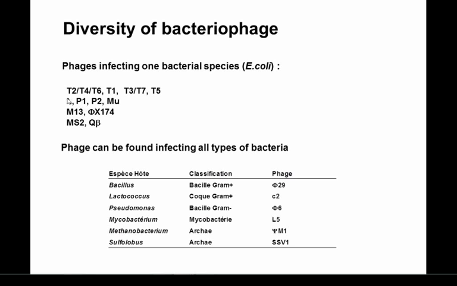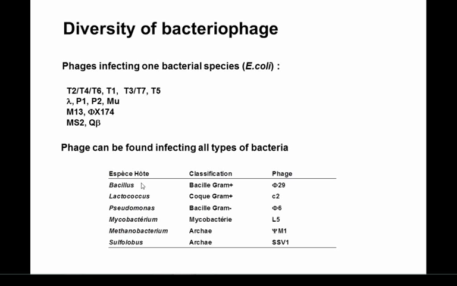Lambda, M13, all these ones, T2 and T1, T3, T7, and lambda, they are all Caudovirales, double-stranded DNA genomes, single-stranded DNA genomes here, RNA genomes here. So you can easily have like 10 different species of phage infecting one species of bacterium. So there's more biodiversity in the virus world than there is in the bacterial world.